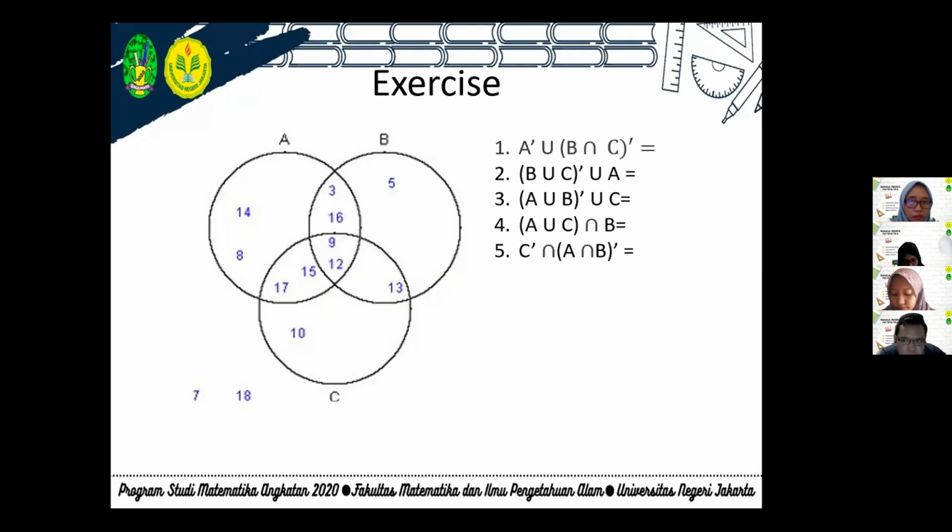Number 2, 14, 8, 7, and 18. It's still incorrect. Sorry. Or just 14 or 8. No, more than those.